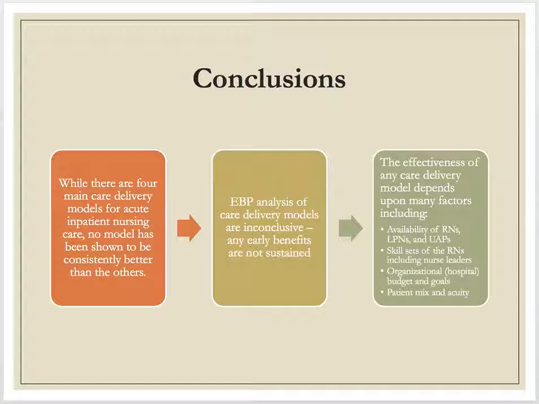Lastly, the effectiveness of any care delivery model depends upon many factors, including the availability of RNs, LPNs, and UAPs, the skill sets of the RNs, including the nurse leaders involved in the patient care, organizational or the hospital budget and their goals, as well as patient mix and acuity.